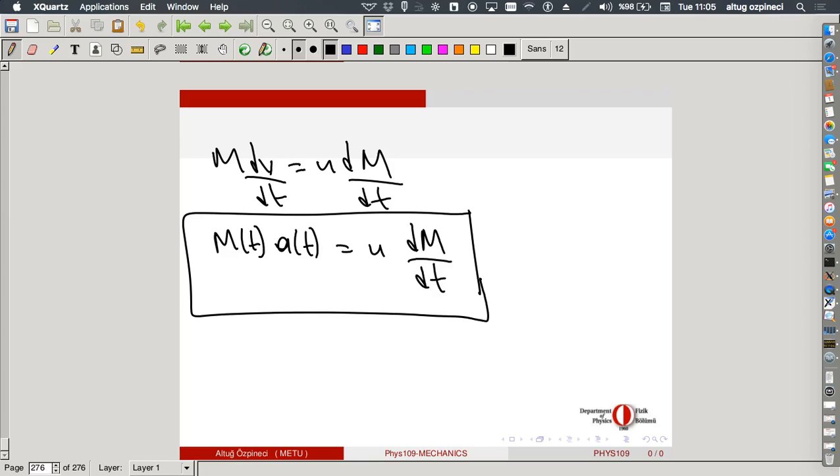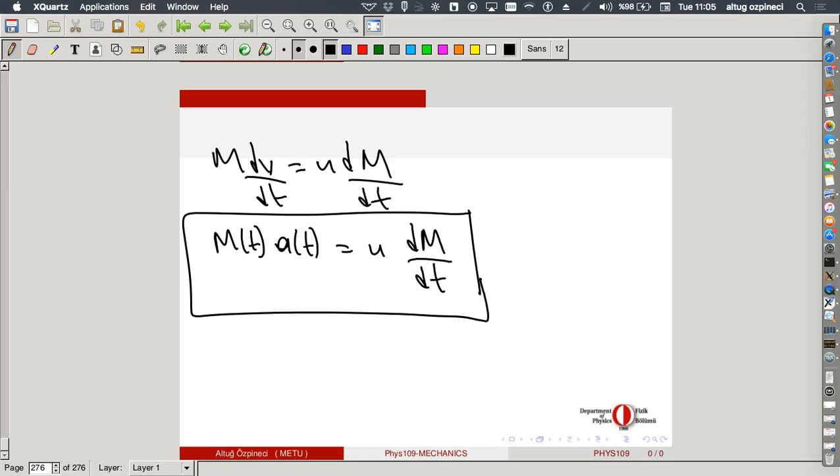Well, you can treat this part at least as if it's a kind of force. It's not exactly like a force, because Newton's second law was written for constant masses. It was not time dependent. But in our case, the rocket will have a time dependent mass.